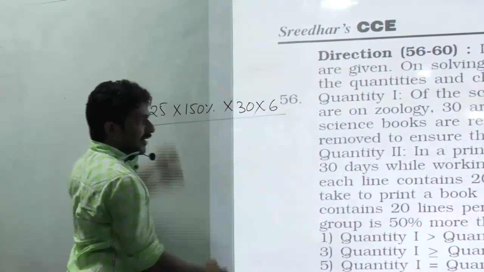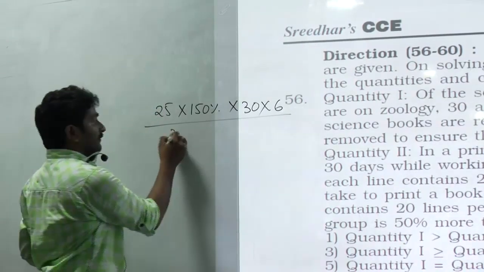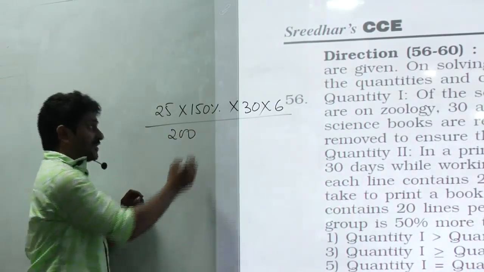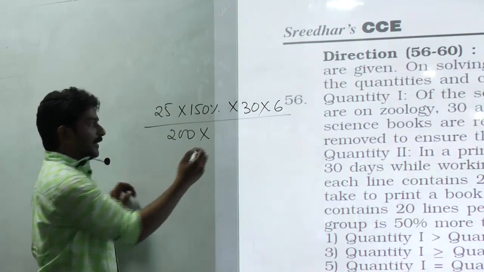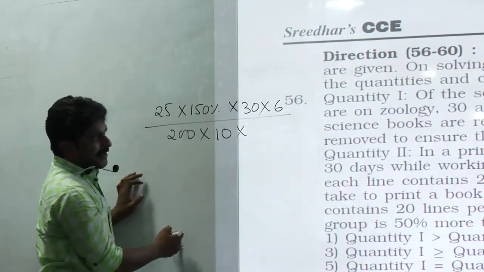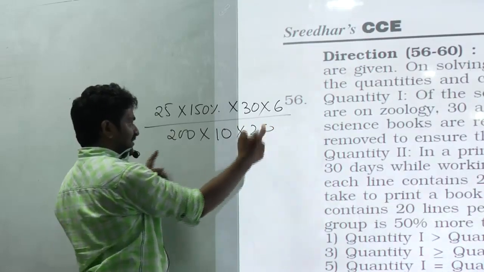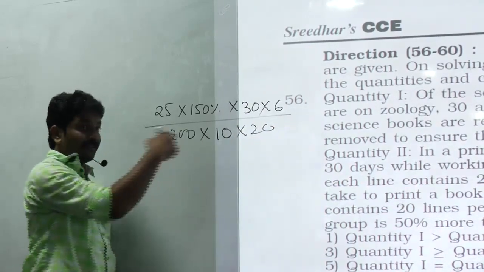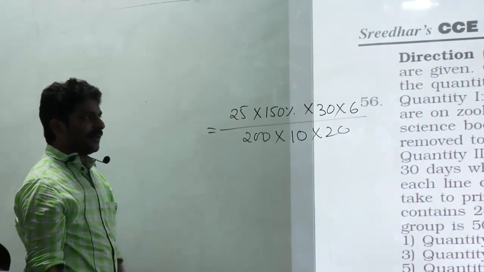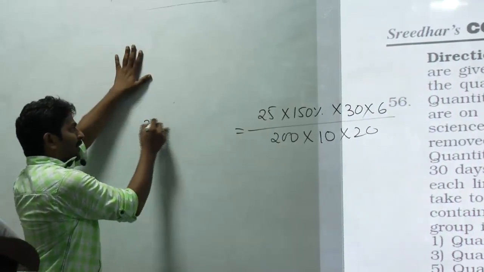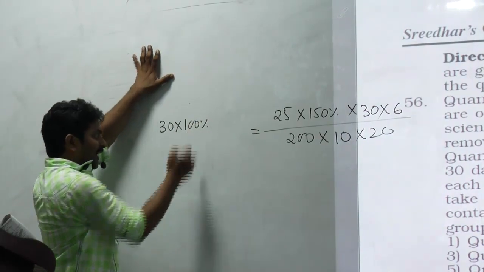And what is the work done by them? They have printed 200 pages, each page has 10 lines and each line has 20 words. This is the total work done in the first case. And in the second case, how many men were there? 30 men, whose efficiency is 100%.